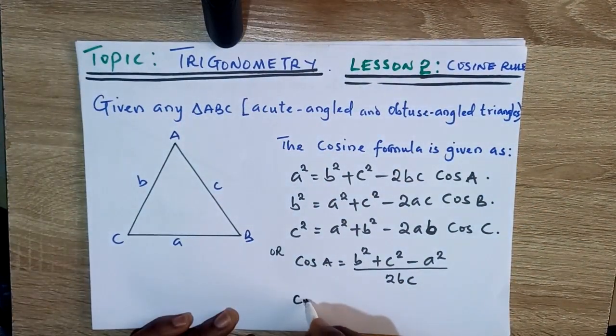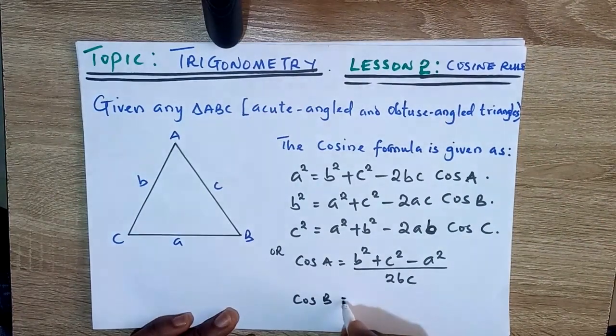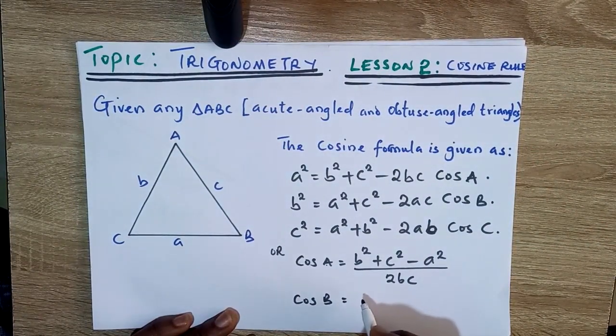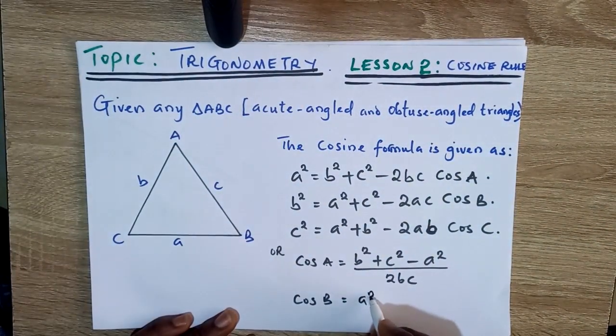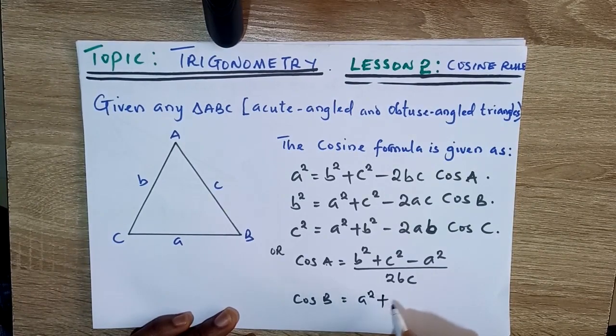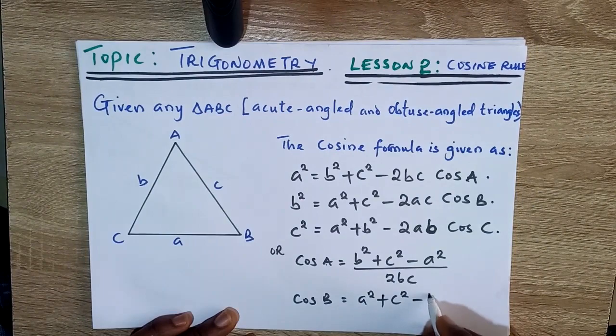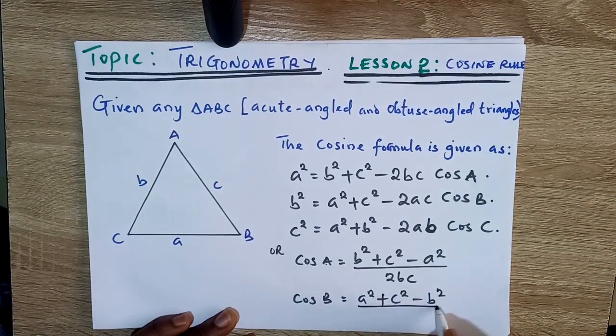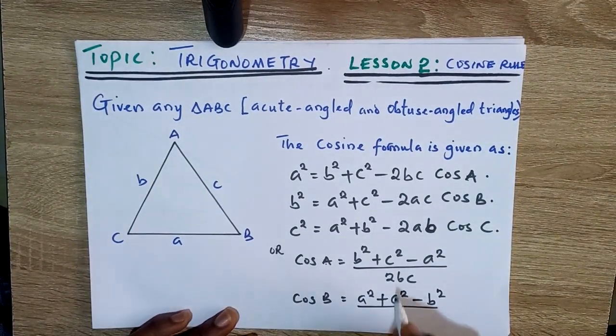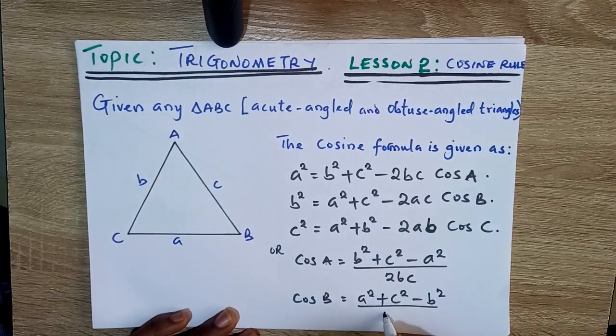We can also have that the cosine of the angle at B is the same as a squared plus c squared minus b squared, all divided by 2ac.